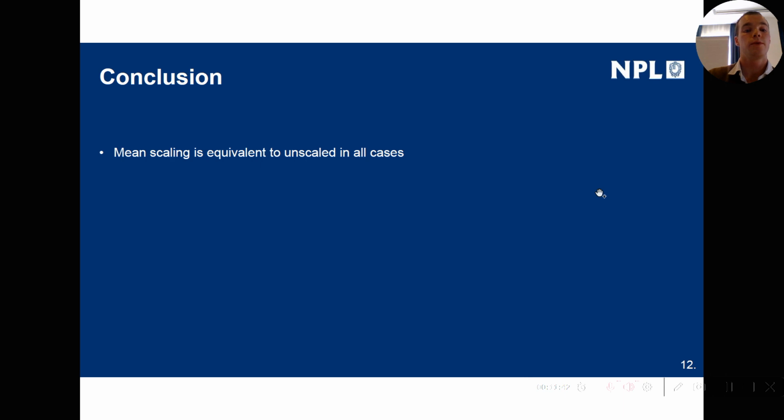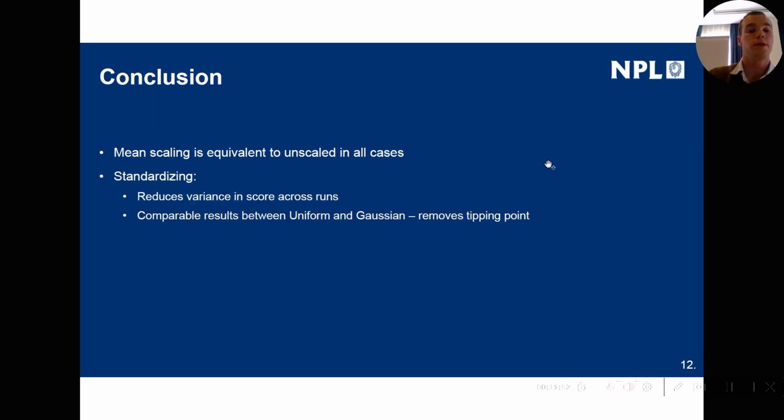So, in conclusion, we found that mean scaling is equivalent to not scaling the data in all cases, for all the noise and all the distributions. We found that standardizing reduces the variance considerably for the scores across all runs, and it makes the uniform noise and the Gaussian noise comparable, and also removes the tipping point for the uniform noise.